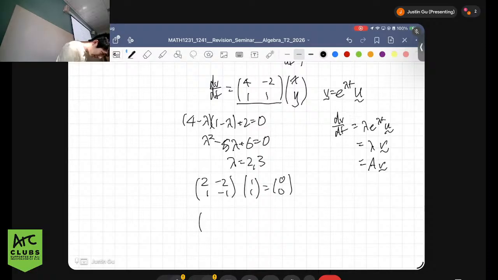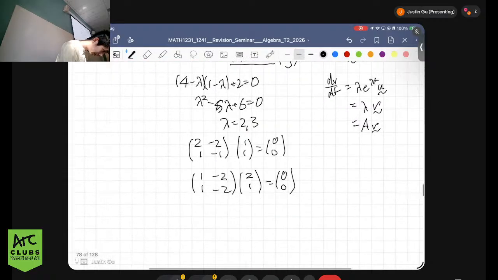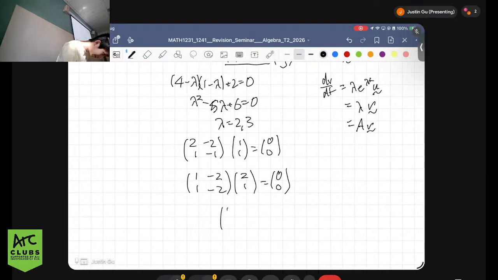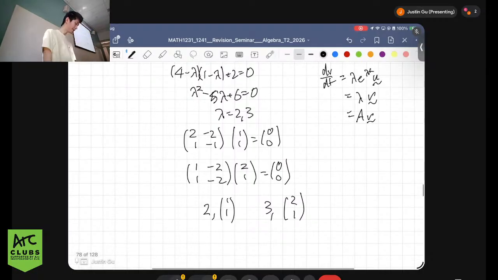For 3, we have [1, -2; 1, -2], so we have solution (2, 1). So our eigenvectors will be (1, 1) with eigenvalue 2, and (2, 1) with eigenvalue 3.